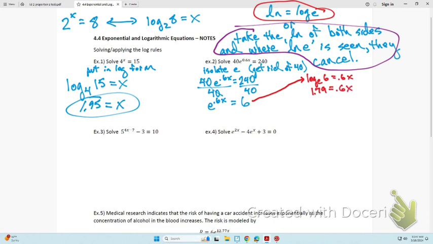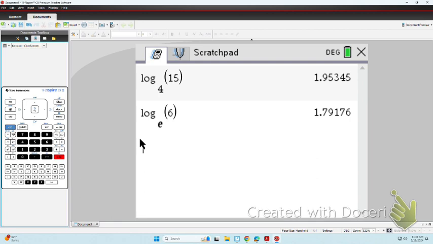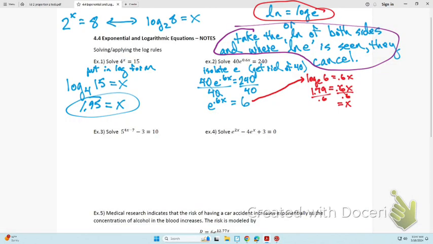Just divide both sides by 0.6. And you got it. 2.98, 2.99, something like that. If you like that way, if that made sense, then go with that.